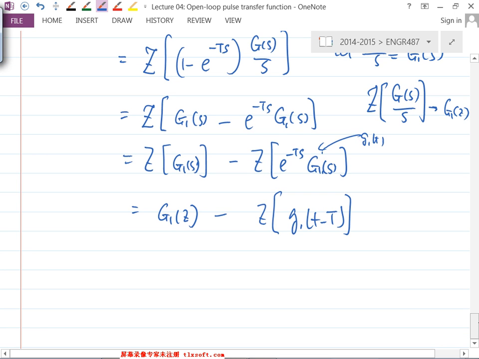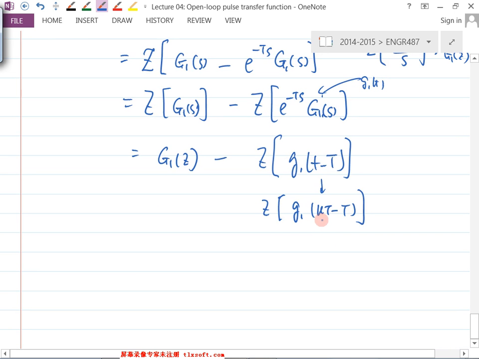Then remember what you do from here. You will sample this, right? Now, from here to here, apparently you see a one-step delay. And what is the Z-transform for this?